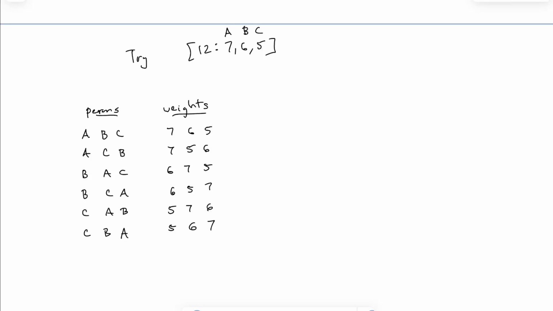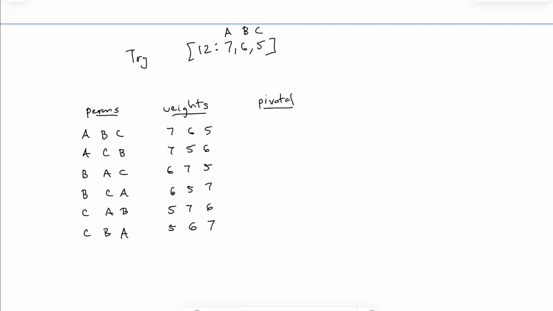All right, these are the permutations and the weights in those particular orders. And then as we go down, we have to decide who is pivotal in each of these. That is, I'm adding the numbers as I go and seeing which one makes it to 12.